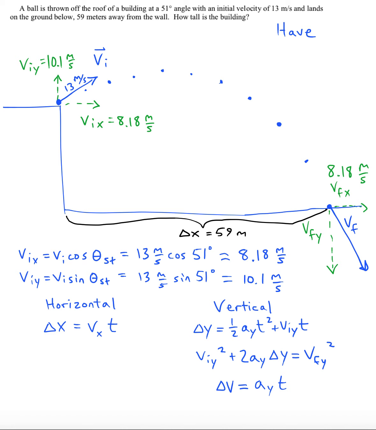Now, we have Vix and Viy. We also have ay. Anytime we're dealing with free fall, the acceleration due to gravity will be negative 9.81 meters per second squared.